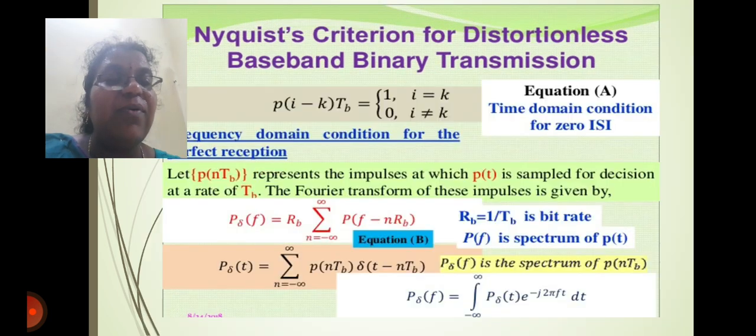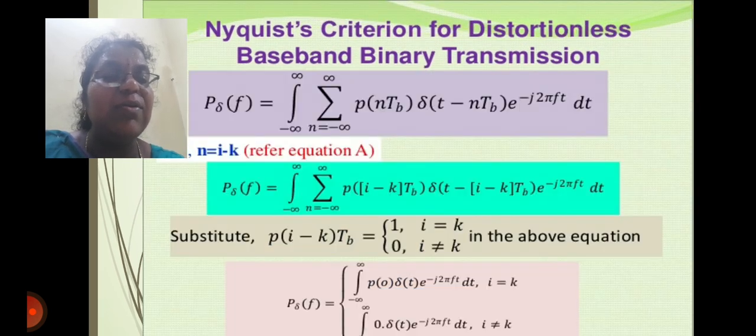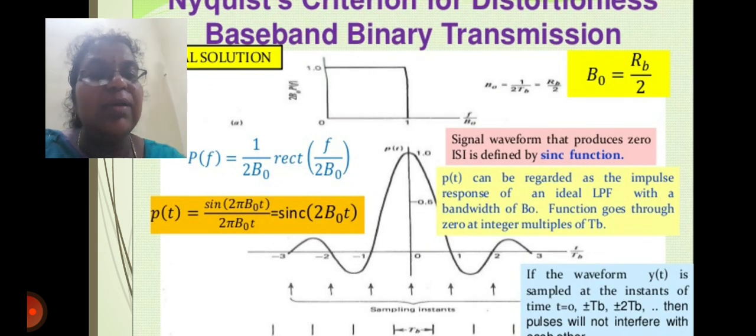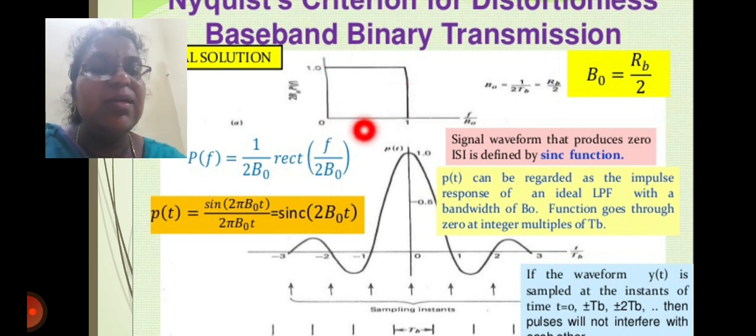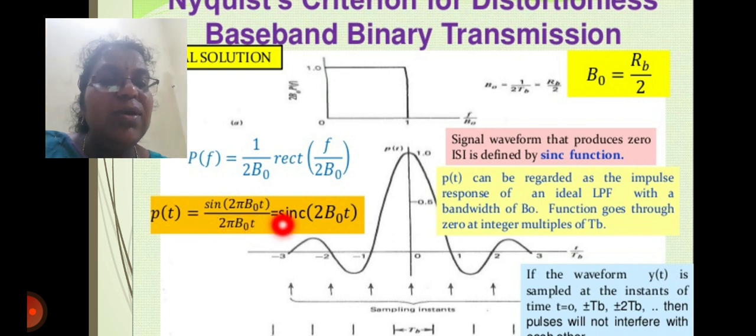So now we have found the equation for the time domain condition for zero ISI and the frequency domain condition for zero ISI. Now let's see the ideal solution for reconstruction. This P(f), the frequency spectrum of P(t), should be like this in the ideal case: 1 by 2B0, rectangular function of f by 2B0. And P(t) will be equal to sinc function of 2B0 t.